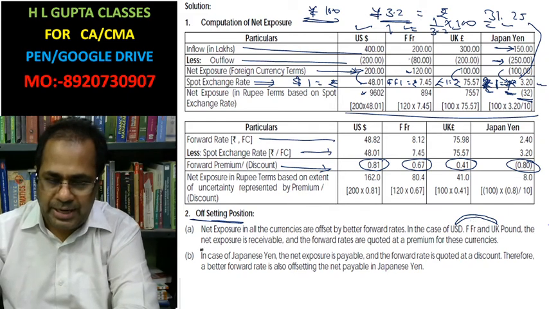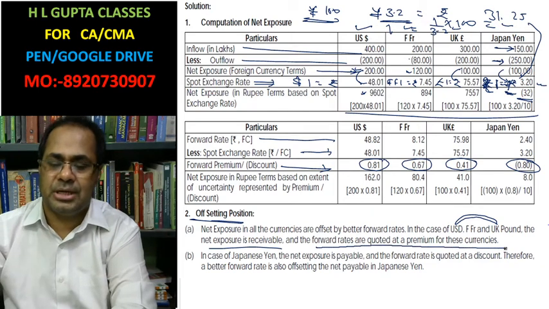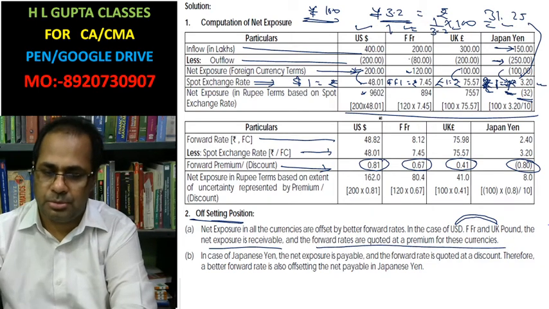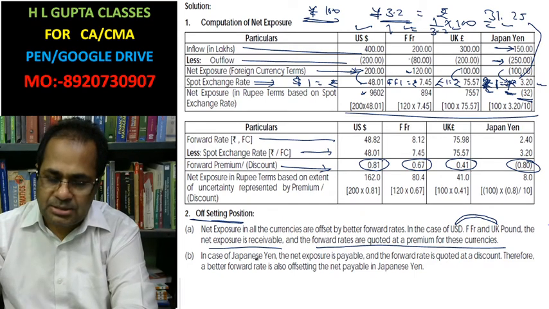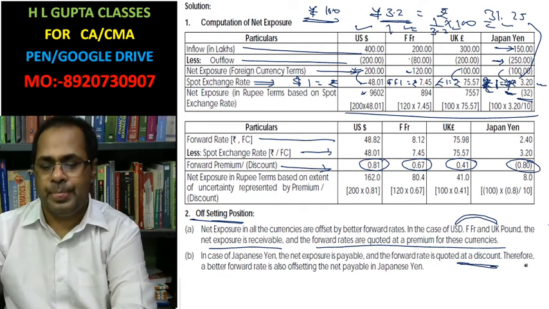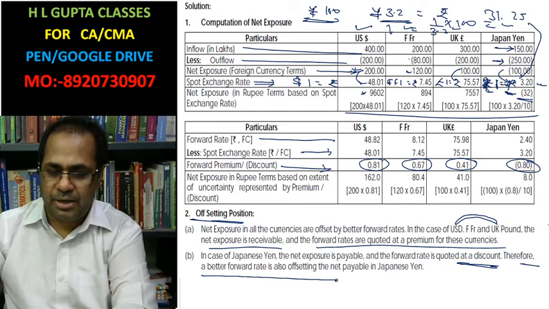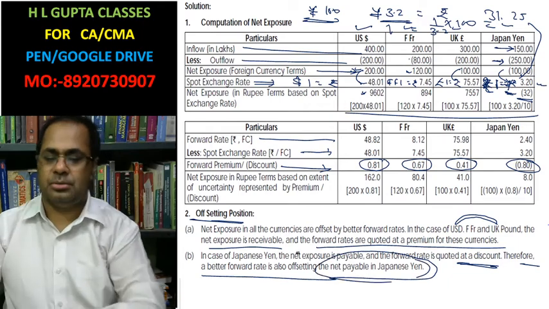The net exposure is receivable and the forward rates are quoted at a premium in these currencies. In the case of the Japanese yen, the net exposure is payable and the forward rate is quoted at a discount. Therefore, a better forward rate is offsetting the net payable in Japan.